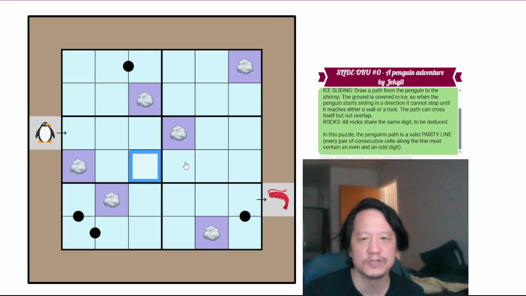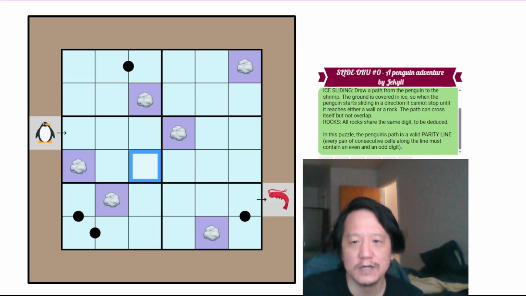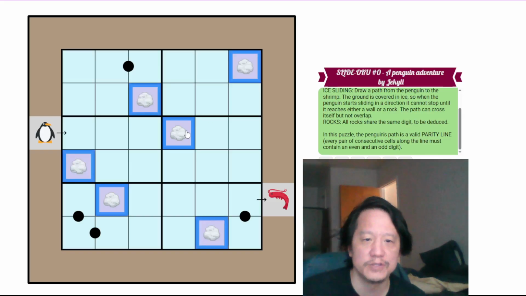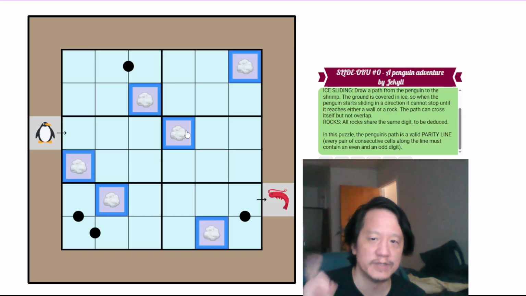Anyways, we have rocks where all rocks share the same digit to be deduced. So all the digits on the rock are the same digit.